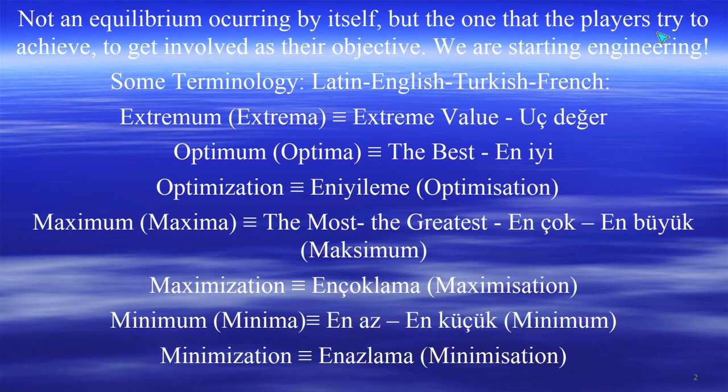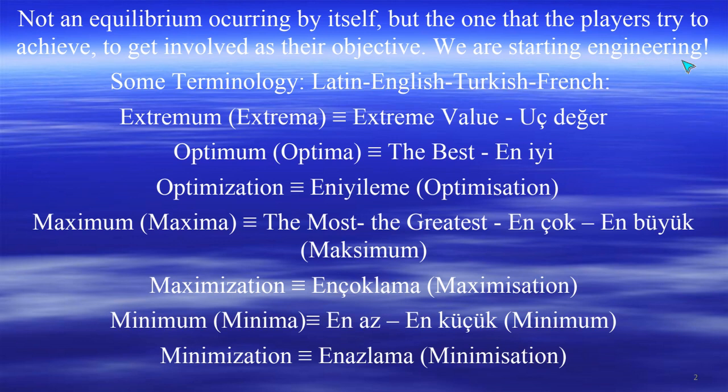So they have an objective, they have an aim now. If we make the optimization, we have an aim. We want to reach the maximum value of some good thing or the minimum value of some bad thing for us. This is the difference from our previous chapters, from our previous models.